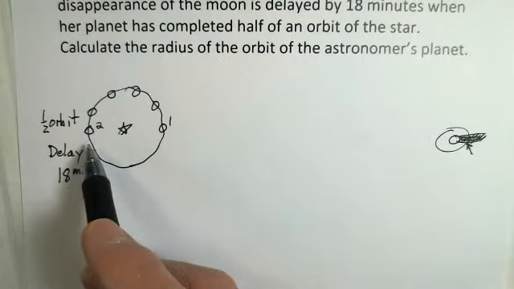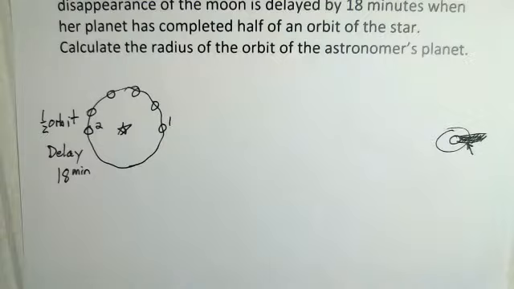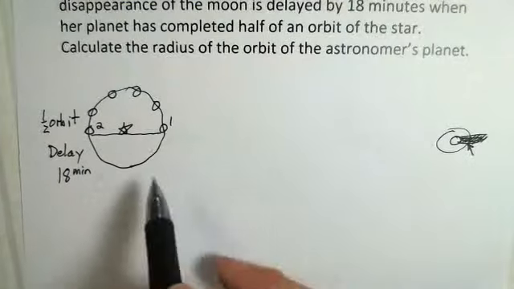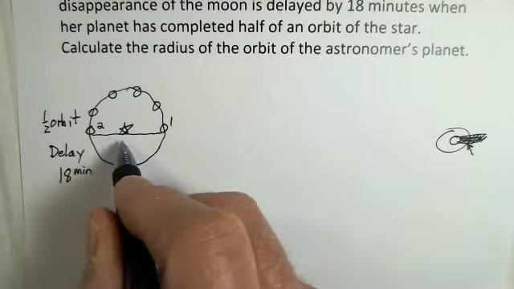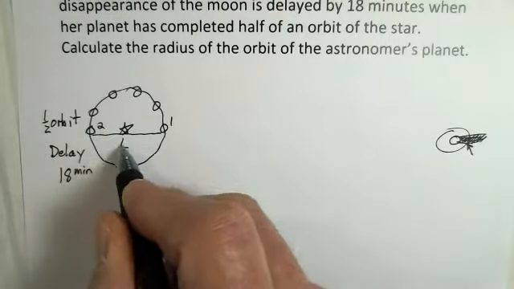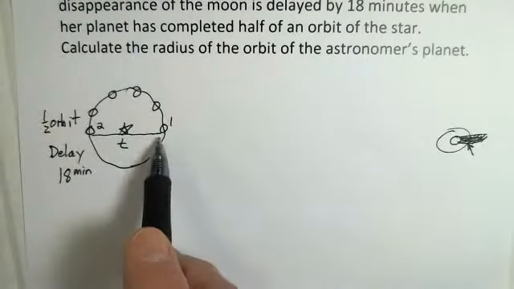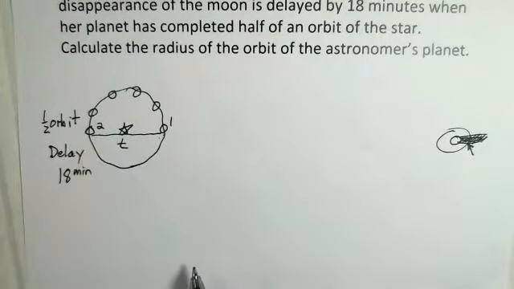And you might be exclaiming right now, "Eureka!" It's because there's a travel time for light across the diameter of the orbit of the planet. The light, as it goes across here, requires some time to move from position 1 to position 2.